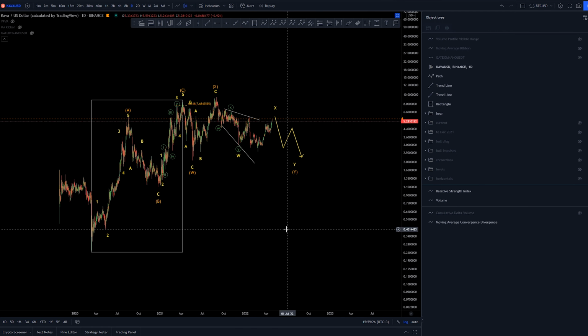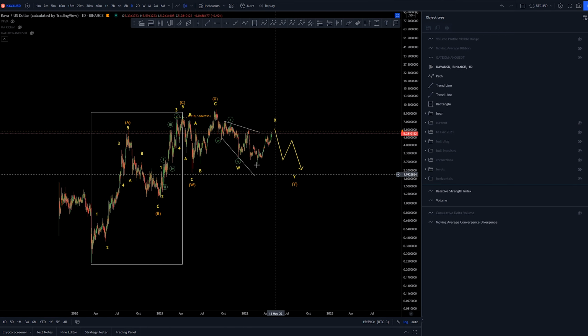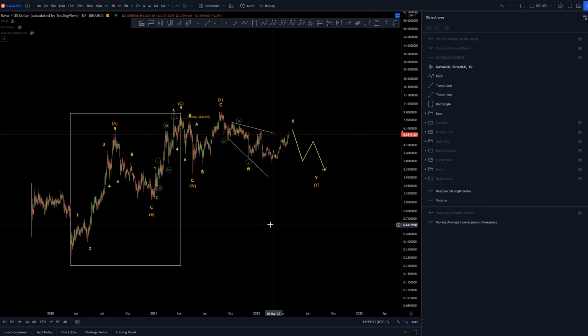Now the issue with this whole structure here is that we're not really sure where we are at Elliott Wave wise.